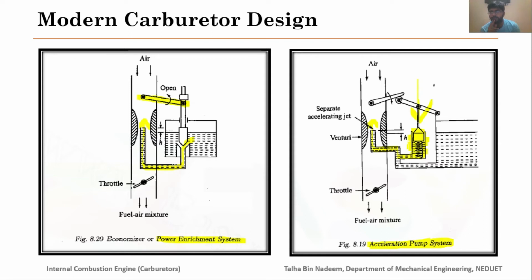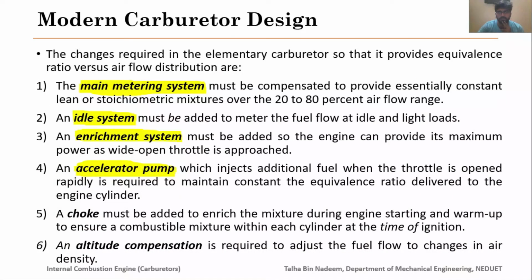And when normal conditions are obtained, this spring will bring the plunger back to its original position. So that's how you handle sudden load changes, by incorporating an additional device called the acceleration pump system in your carburetor.